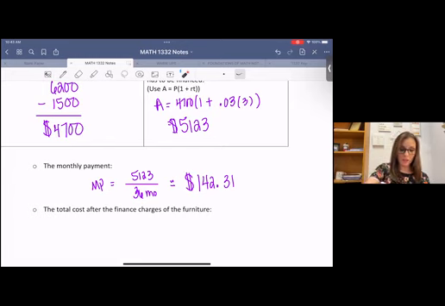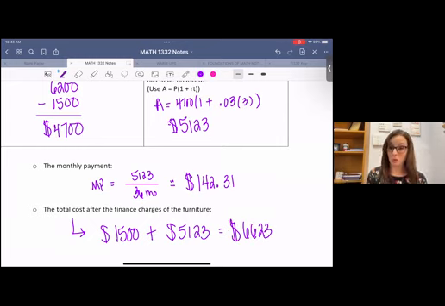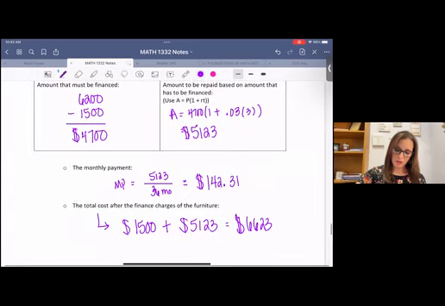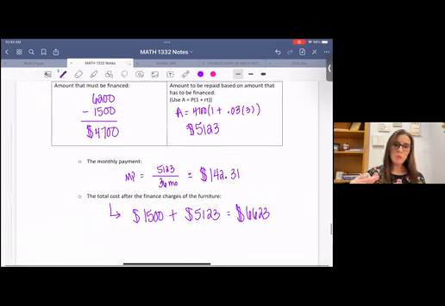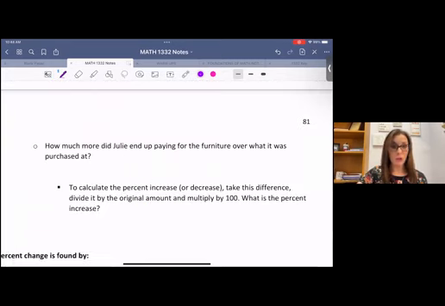So by the end of it, the total cost for this furniture was $1,500 plus the $5,123 that she had to pay back, for a total of $6,623.